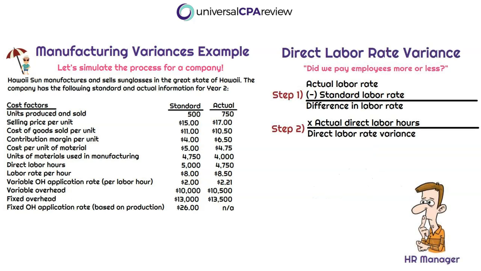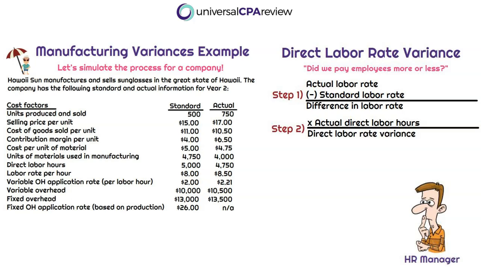Now this would typically be the responsibility of the HR manager, or it could be the production manager, whoever's in charge of determining what they pay their employees. And really, a variance here could result from just ending up paying more for better labor. So even if you do have a higher labor rate, it's not necessarily a terrible thing because maybe you're more efficient.